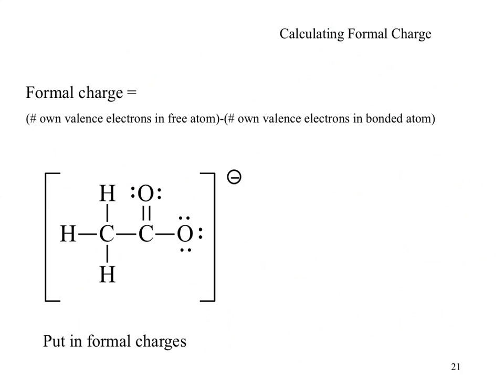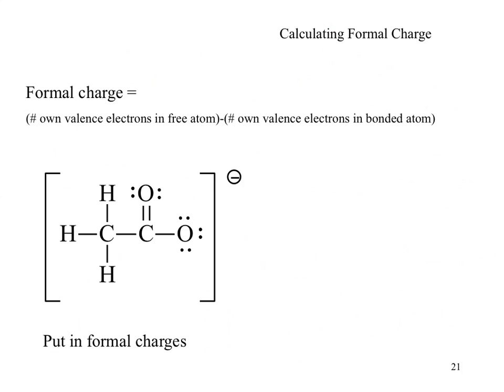Okay, let's talk about formal charge. Now, if you are a formula person, you can determine formal charge with the formula: the number of valence electrons as a free atom, from that I subtract the number of valence electrons in the bonded structure, and that will give me the formal charge.